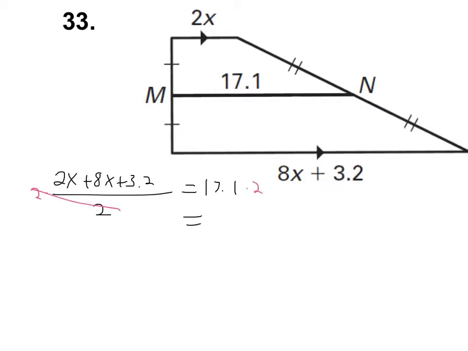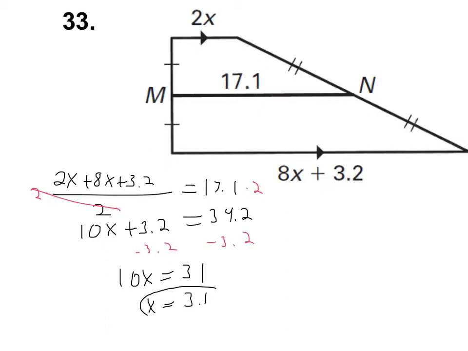So on the right, you'll get 34.2. On the left, we can add the 2x and the 8x together to get 10x. And so then we'll subtract 3.2 from each side. And we'll have 10x equals 31. Divide by 10, and we get 3.1. Again, not rounding. That is just exactly what it works out to.